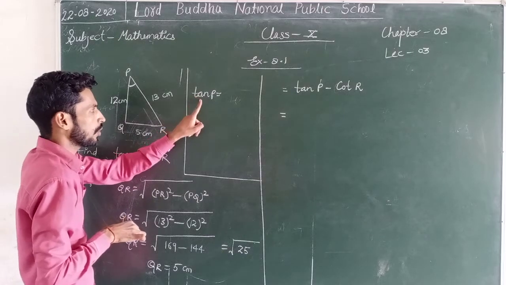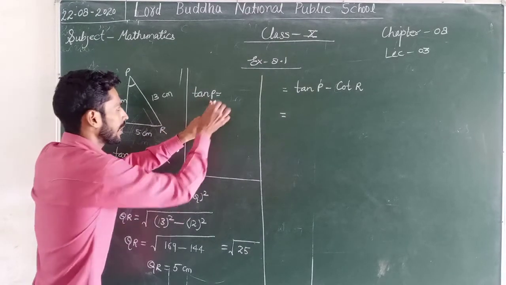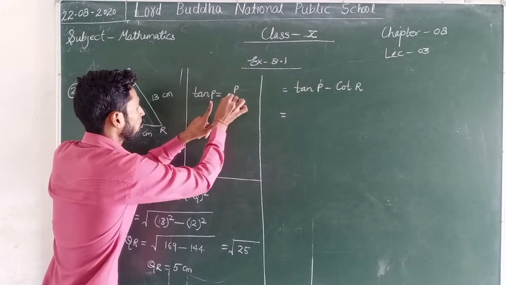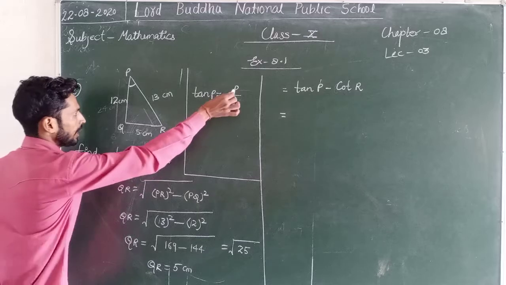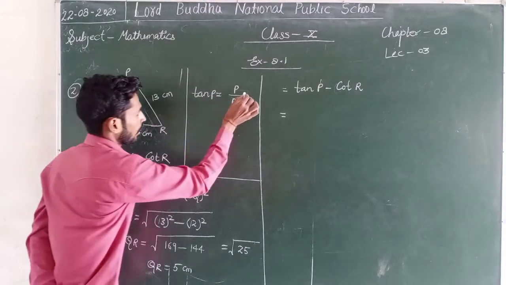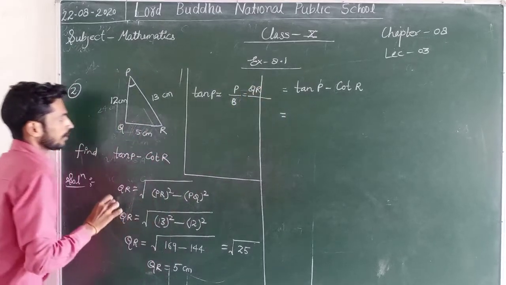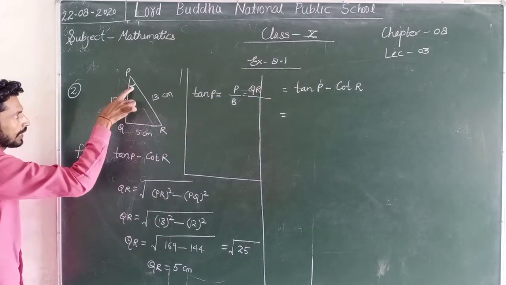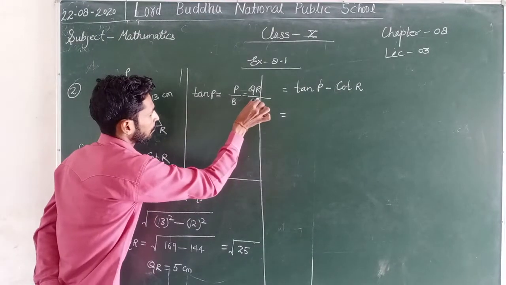To find tan P, we write perpendicular upon base, that is QR upon PQ.